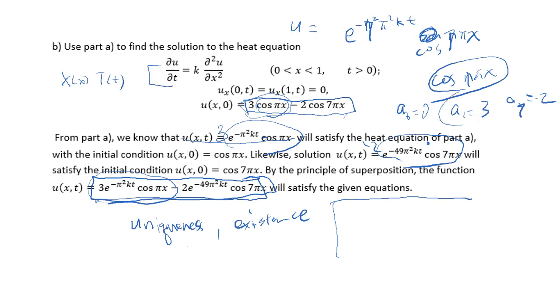So other than a1 equals 3 and a7 equals -2, everything else is 0. So that's already a Fourier cosine series. And since you're already given a Fourier cosine series, we can bypass the part where you have to calculate the Fourier cosine series. That was why this solution could be written in such an easy way.